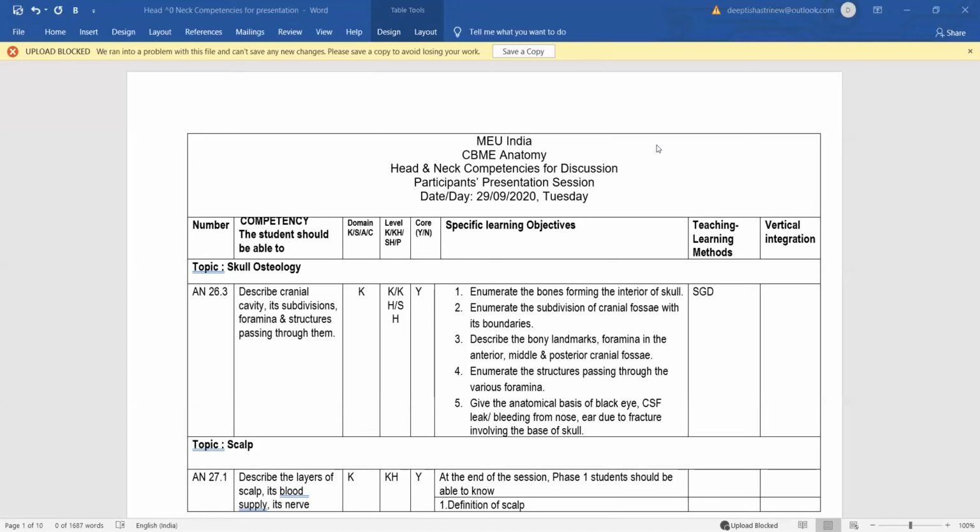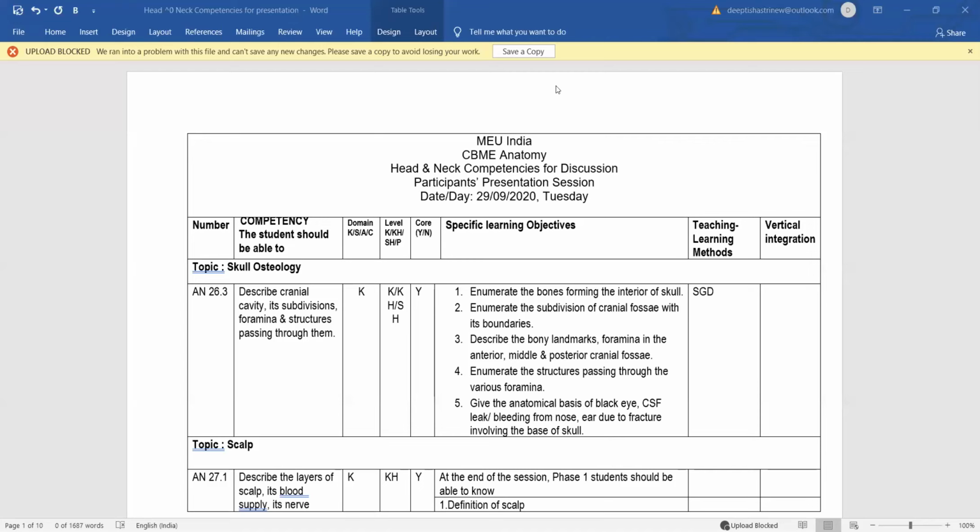I don't know whether SH would be appropriate here, because we are not doing any skill element here, right? Everything is theoretical. When the competency includes describe, and some of the SLOs are using draw or illustrate, can this SH be used, ma'am?